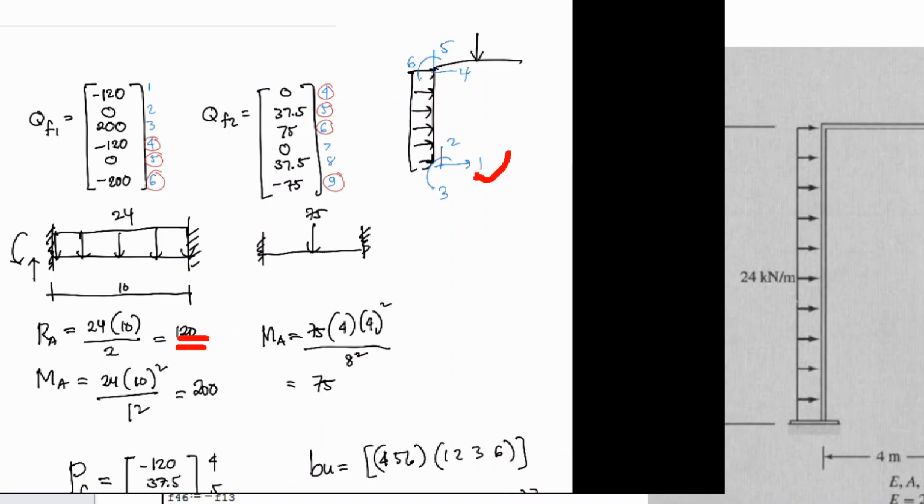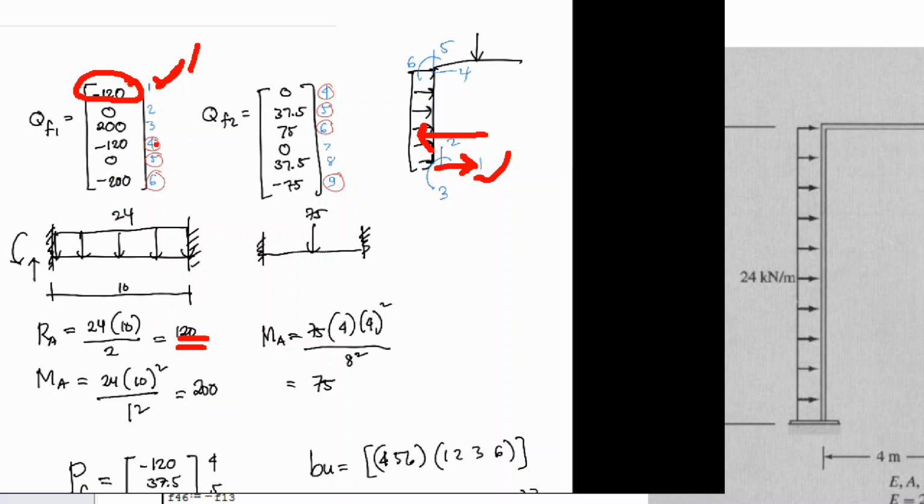At code 1, where positive is going to the right, but our reaction is going to the left because it will counter the uniform load. Therefore, this is code 1, so negative 120, because it's opposite to our direction. Remember, direction and sign is critical in this stiffness method.